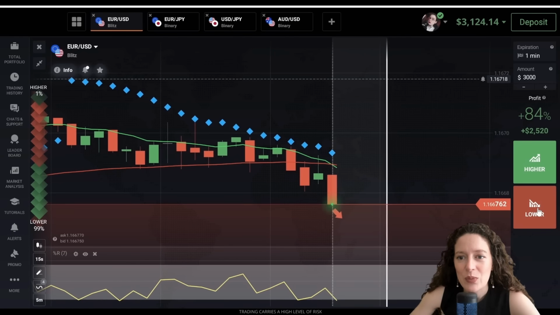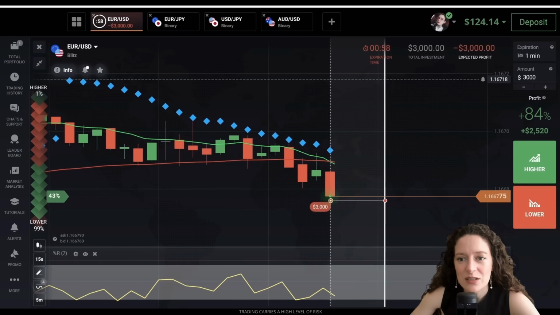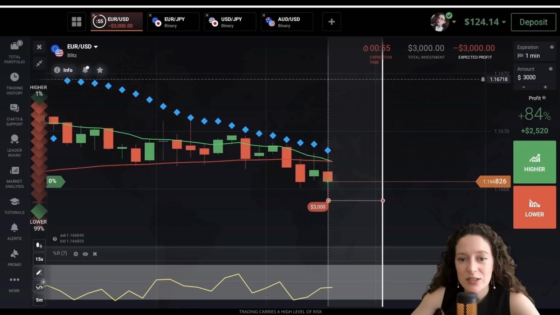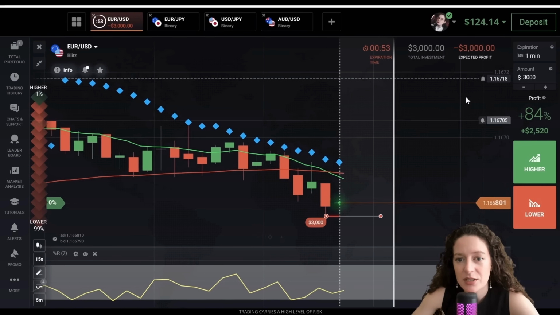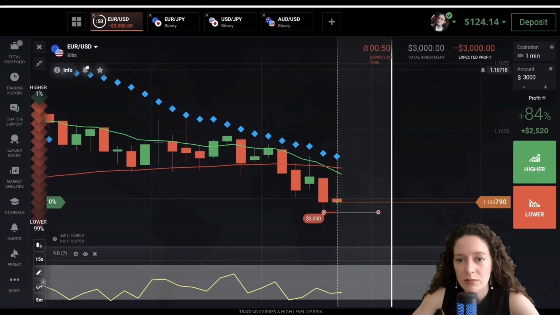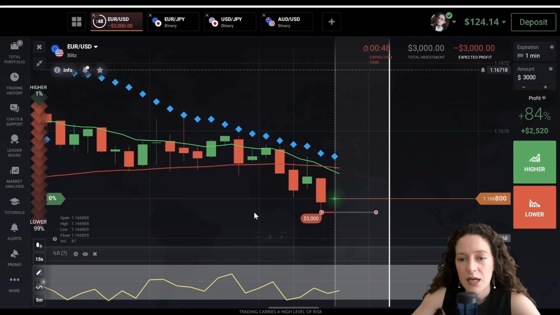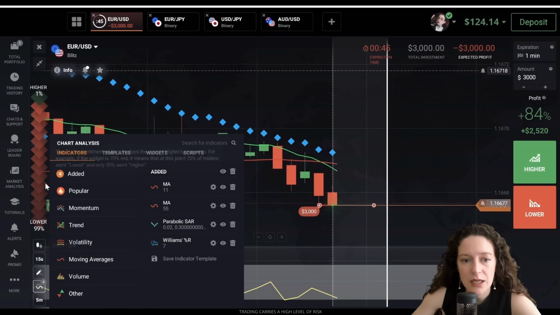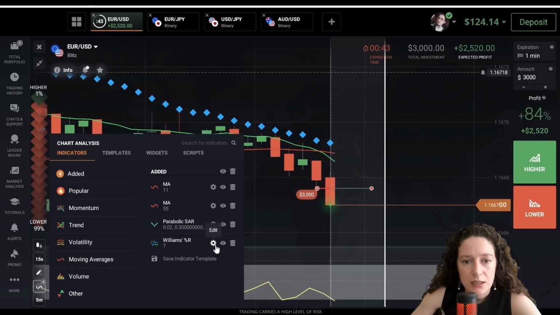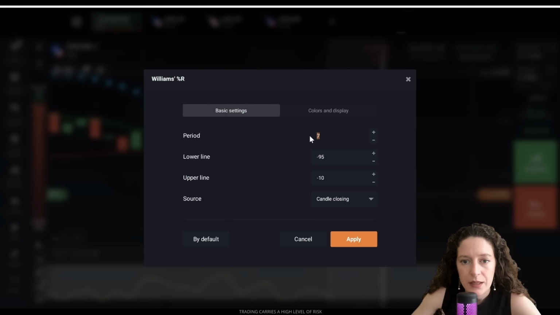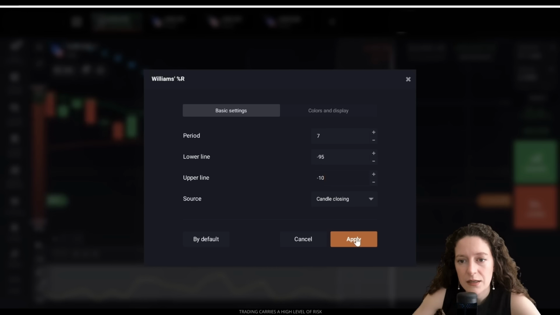Now I have more than $3,000 on my balance, and I don't want to risk too much. That's why I personally choose to trade in the regular market about $3,000. The periods of the Williams indicator, here it is, and it's 7, minus 95, 10.